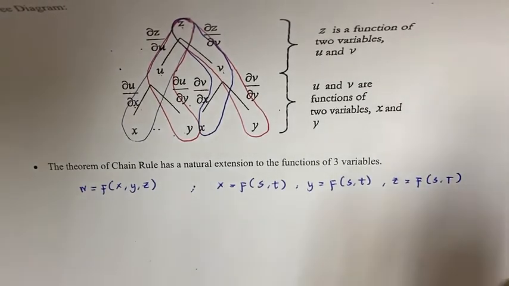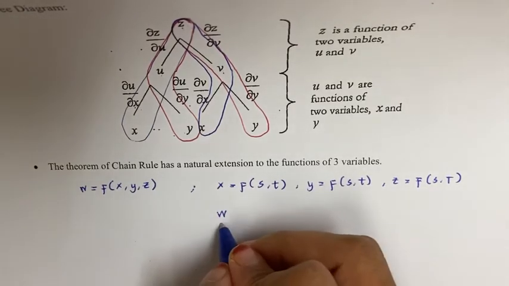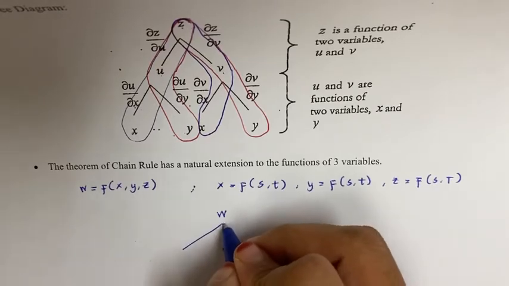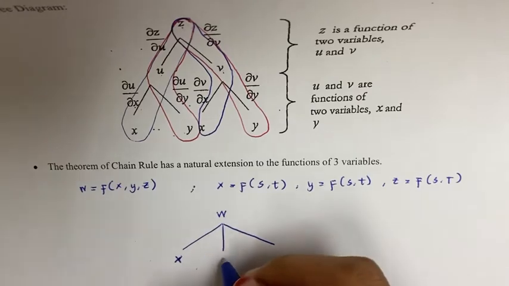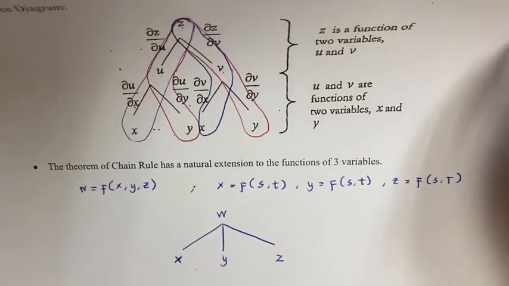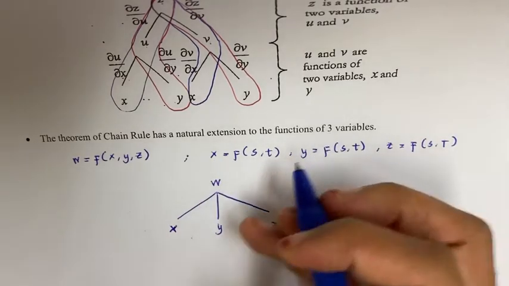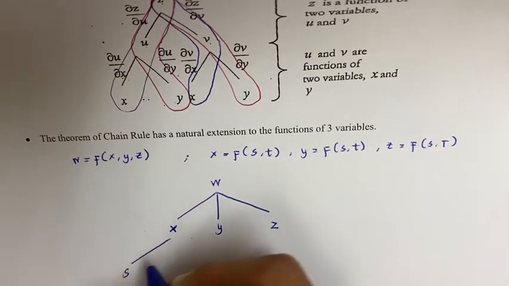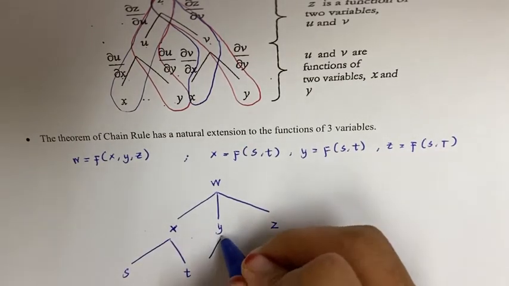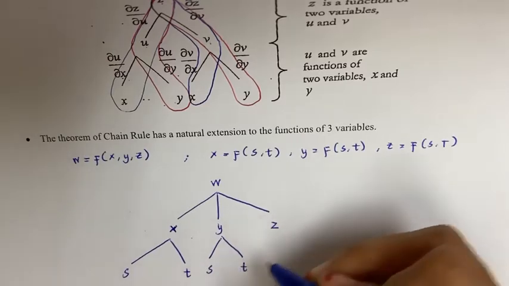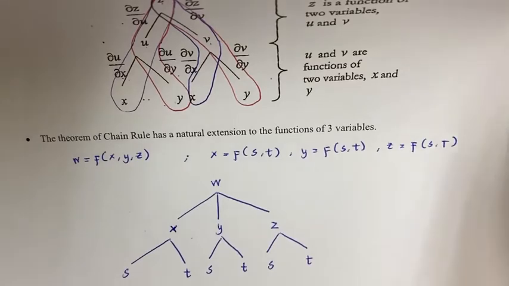So your chain rule will be, you start with w, and w is a function of x, y and z. So you have x here, y and z. Next, x is a function of s and t, so here you have s, t. And then for y, you have another s, t. And then for z, you have s, t.